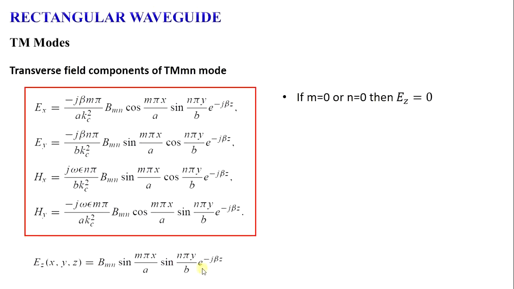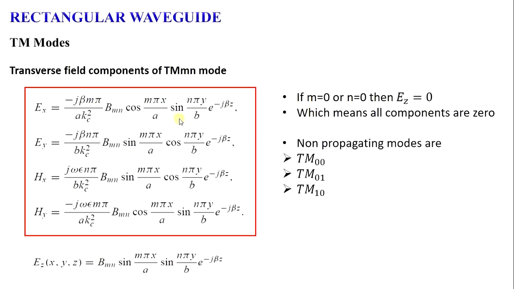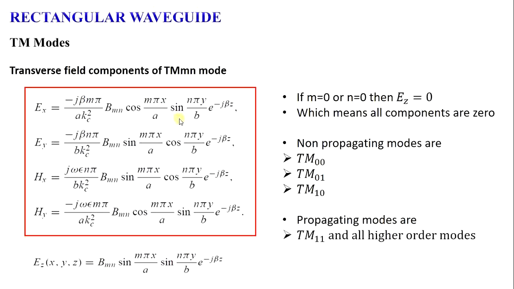If m is equal to 0 or n is equal to 0, then Ez is equal to 0, and all these components will be equal to 0 and none of the components will be present. So the non-propagating modes are TM00, TM01 and TM10, and the propagating mode is TM11, and all the higher modes propagate through the rectangular waveguide.